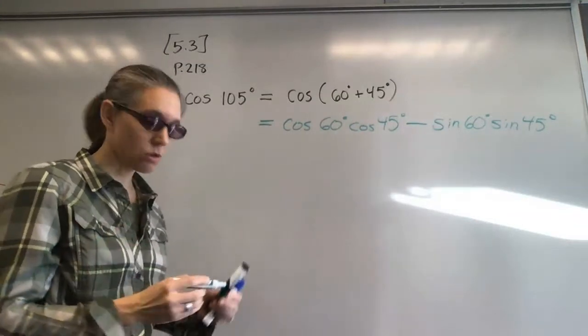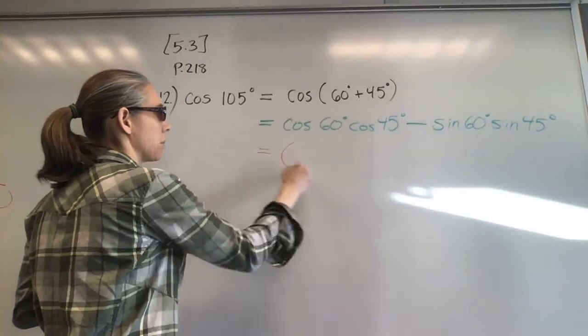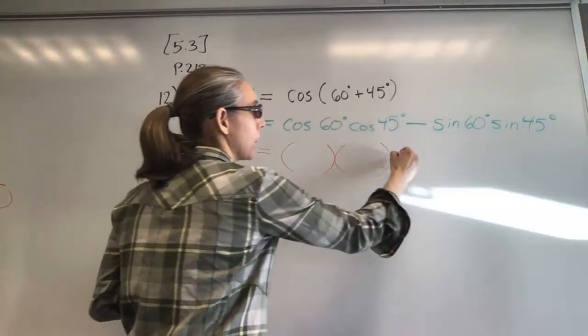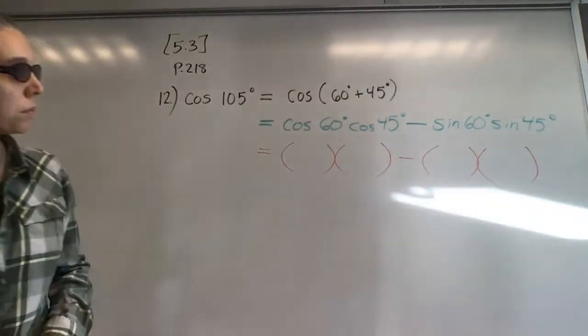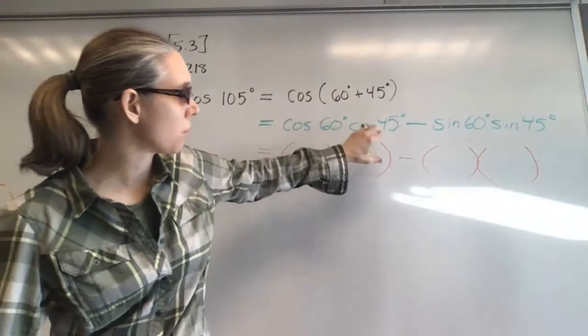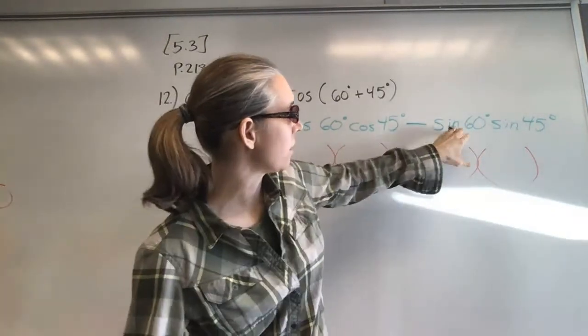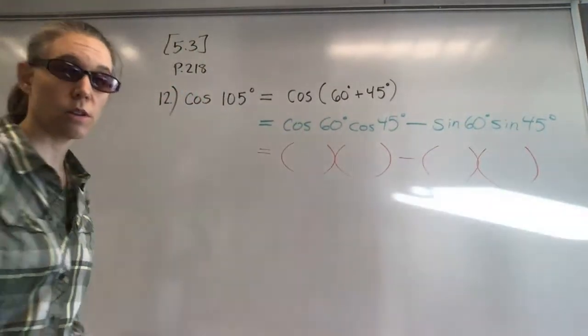Now we're going to go through and do substitutions from the unit circle. So my next setup is just going to be to put a bunch of parentheses up. And I'm going to replace cosine of 60 with its value, cosine of 45 with its value, sine of 60 with its value, and sine of 45 with its value, all from the unit circle.